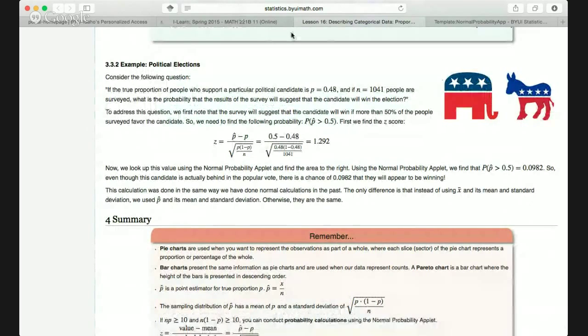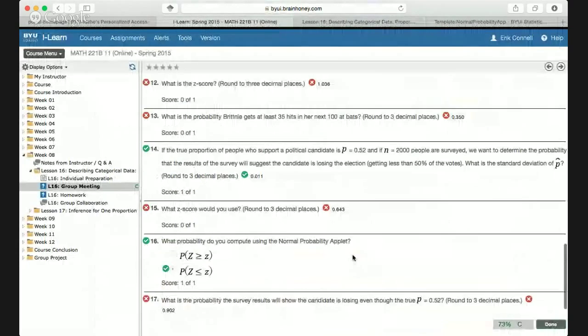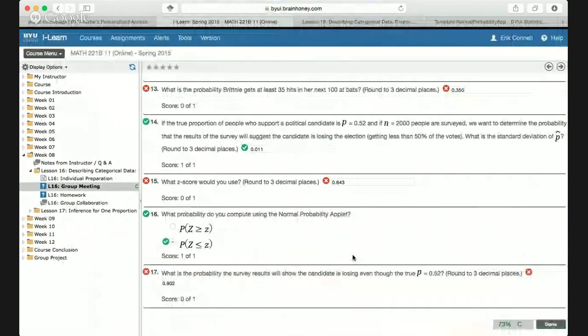So we have to find the p hat, get the z-score, because we have the p.